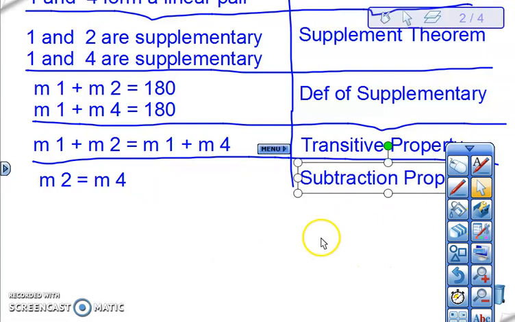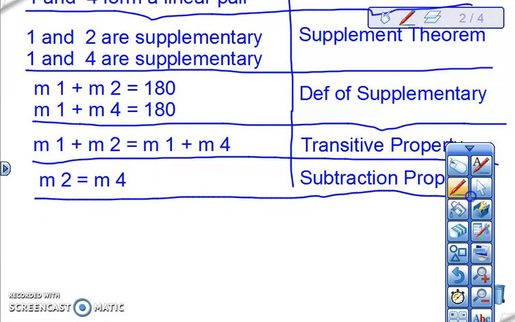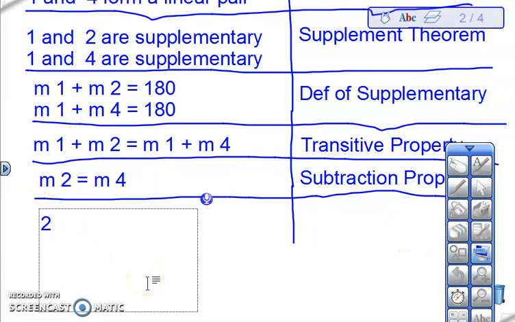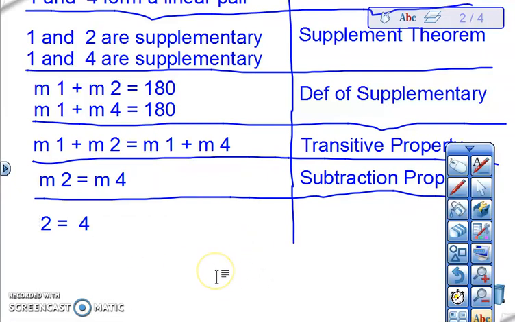And finally, if measure angle 2 is equal to measure angle 4, that means that angles 2 and 4 must be congruent, based on the definition of congruence.